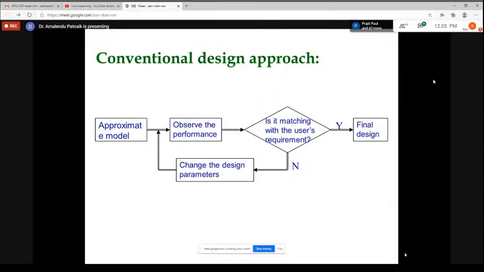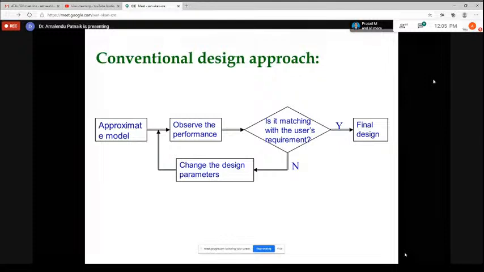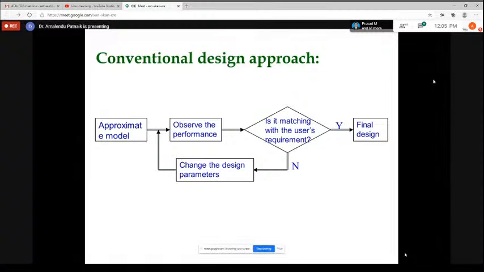Approximate model means, depending on the closed form formulas that are available with us, or using our own experience, we choose the different dimensions or parameters of the antenna.